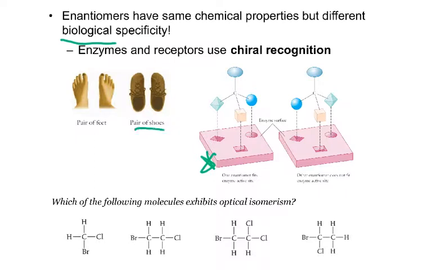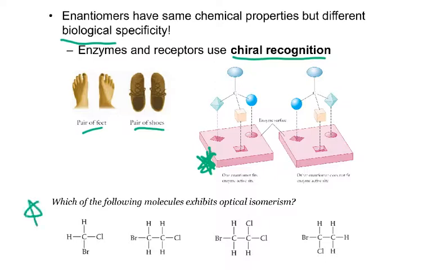Similarly to how your shoes or gloves are specific to which feet or hands they go on. So things that have handedness often fit into something that has handedness. And in biological systems, enzymes are catalysts that will bind to molecules of the substrates, and they have very specific binding sites. So they will be specific for one enantiomer or another. We call this chiral recognition.